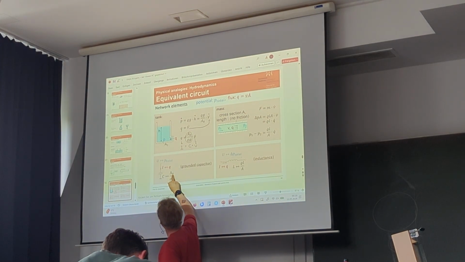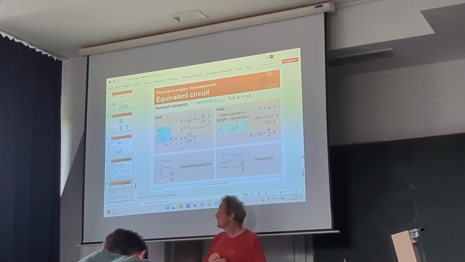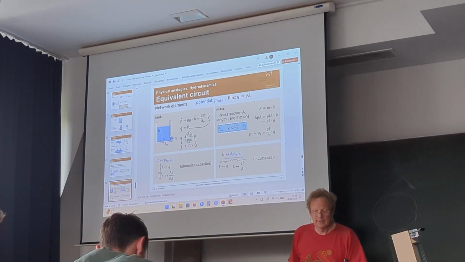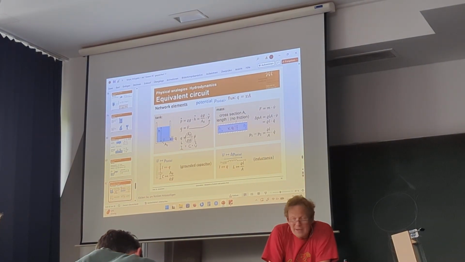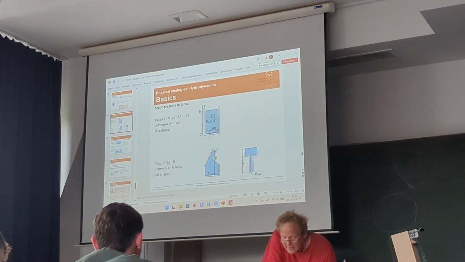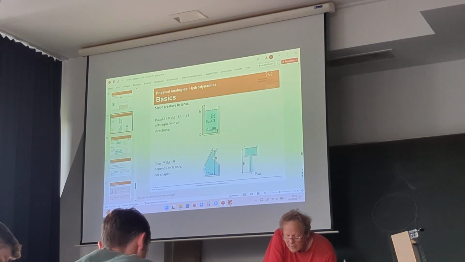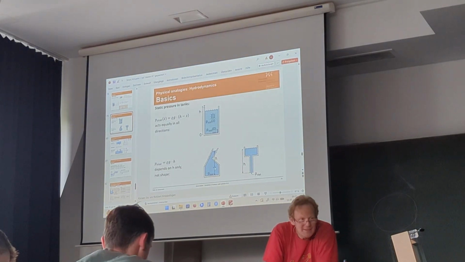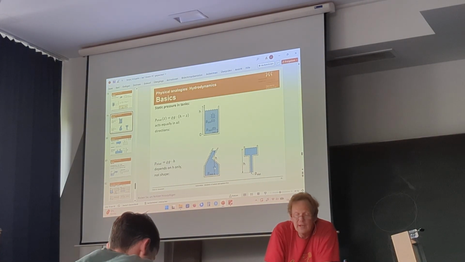Okay, cross-section area of the straight tank divided by rho mg. If we do not have a straight tank, so for example here we said static pressure depends on the height but not on the shape, you could still model it as a capacitor, but then it's non-linear.